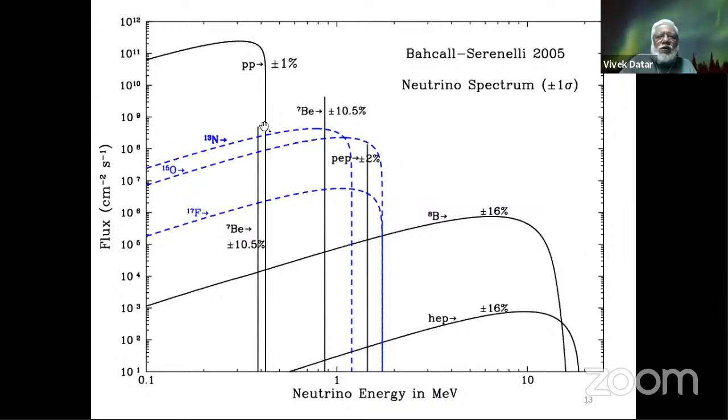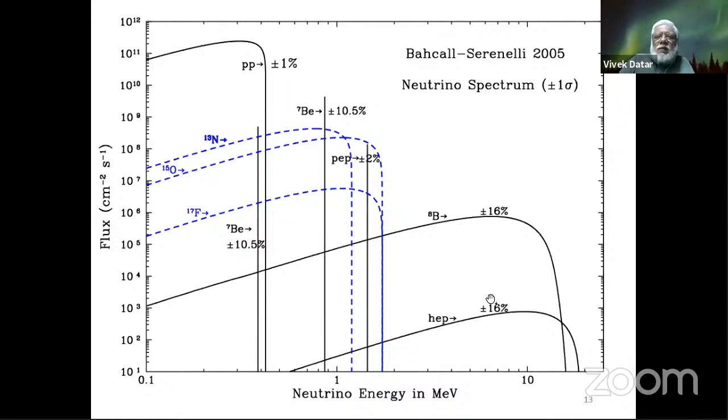Then you have these so-called CNO neutrinos here, which are much lower than the PP neutrinos. Also, the energies don't extend that high, to about less than 2 MeV. The high energy HEP neutrinos are there, from one of the processes I showed you where helium-3 captures a proton.